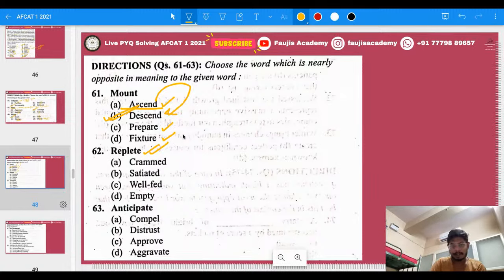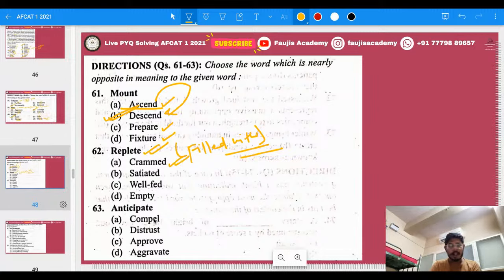Replete. What is the answer? Replete means filled with. So what will be the answer over here, guys? Replete means filled.